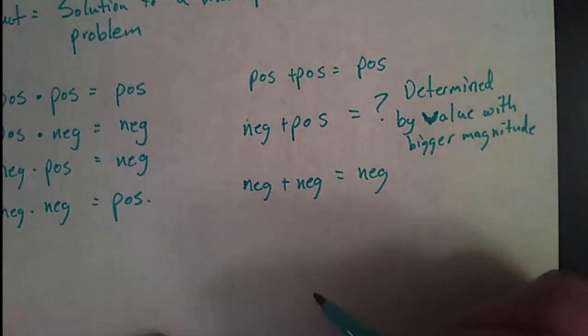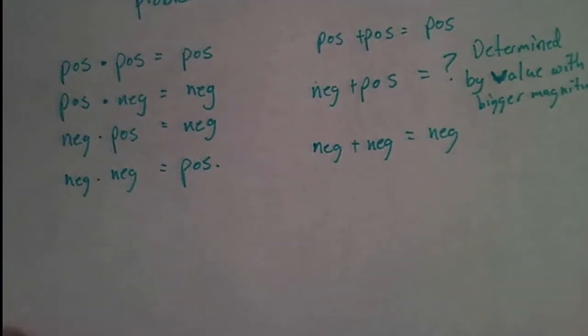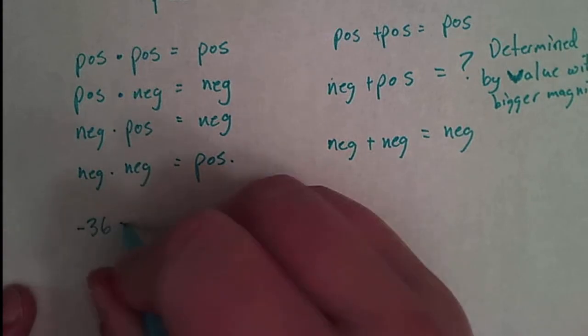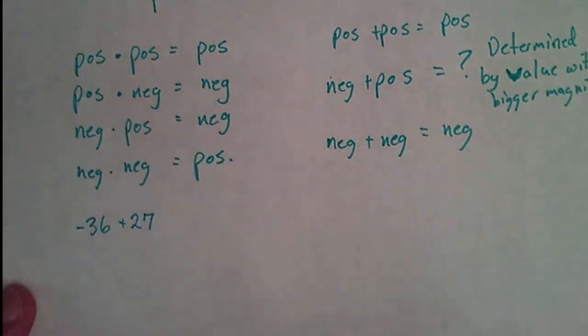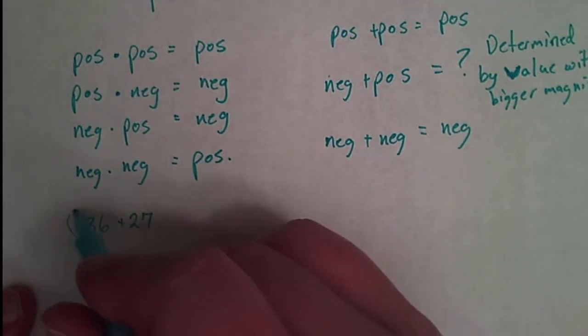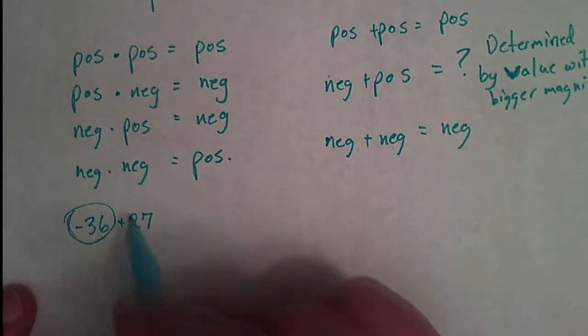So if we use those examples we were just talking about, I believe it was a negative 36 plus 27. What you can do there, we know that negative 36 has the bigger magnitude.